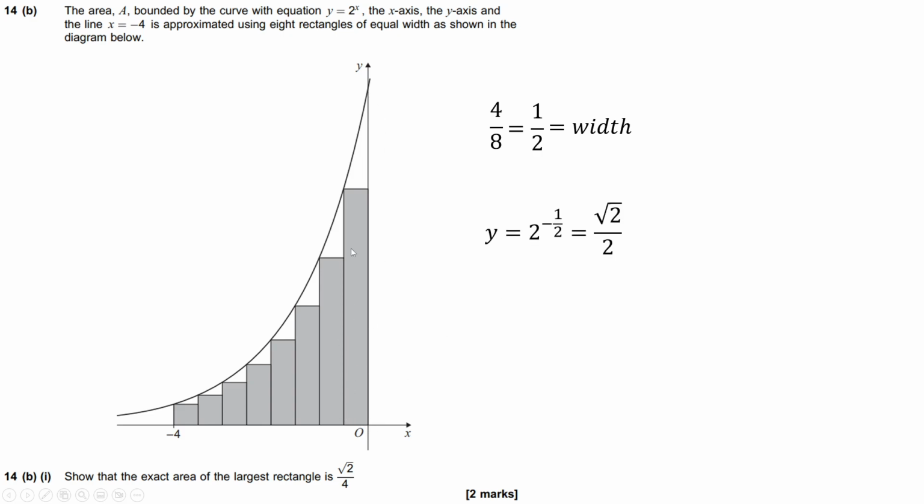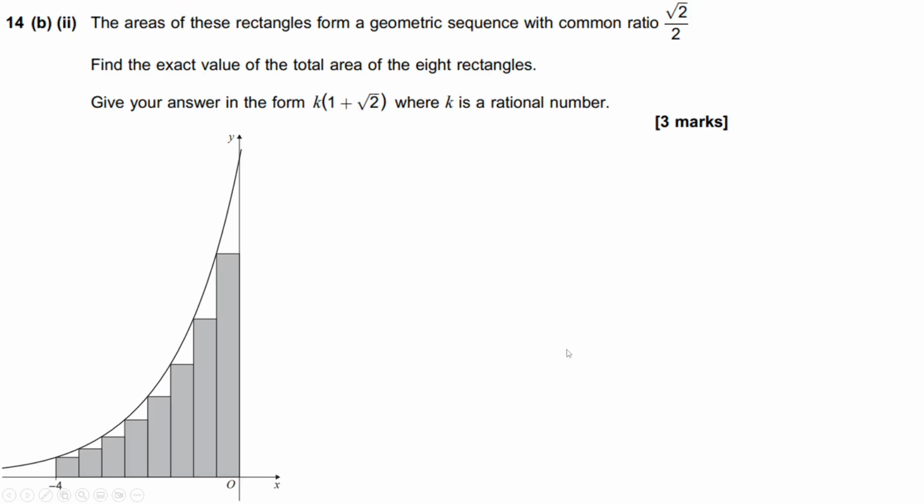We want 2 to the power of minus a half to get up to here, and that gets us the y value, because we can relate those two. You get root 2 over 2 for the y value. So it's got a height of root 2 over 2, and then a width of a half. Multiply that together to get root 2 over 4.